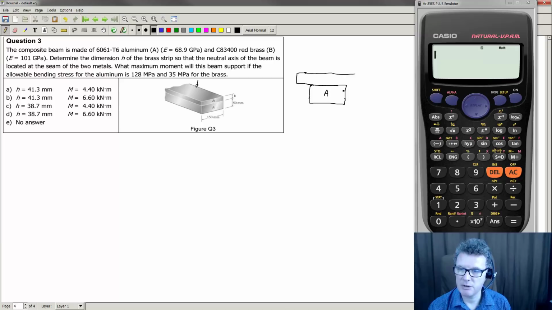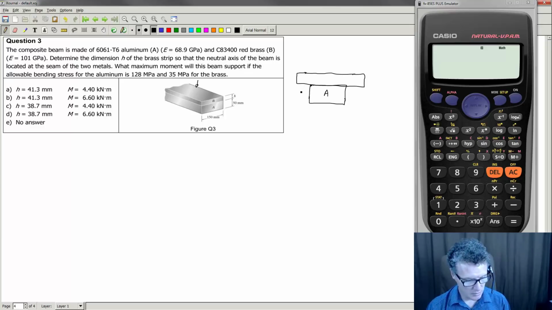So it then becomes in effect like a T-beam. Does that make sense? This has the same Young's modulus as this now, but because we've made it wider, that will make it a little bit stiffer to bend. So we're going to make it have the same sort of stiffness, or the same sort of forces going for it, as if it was a piece of brass which wasn't so wide. That's the concept.